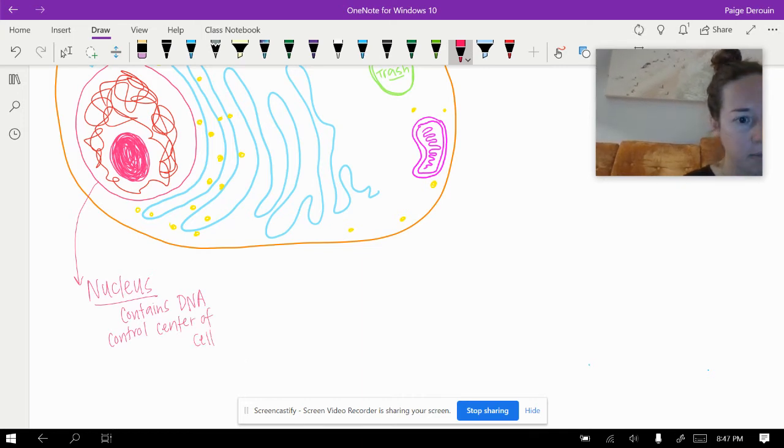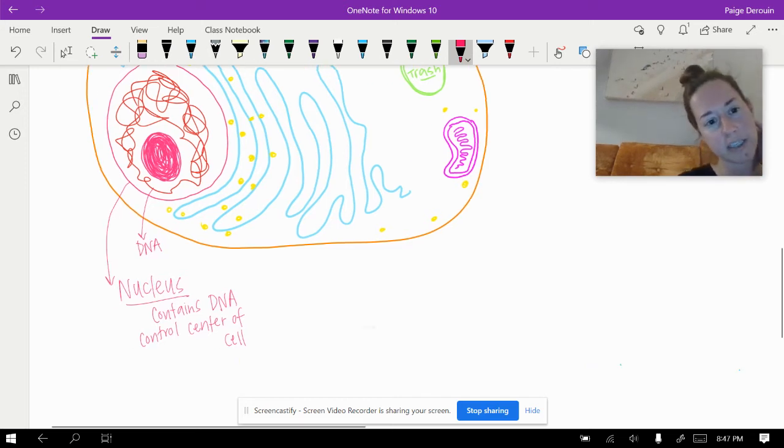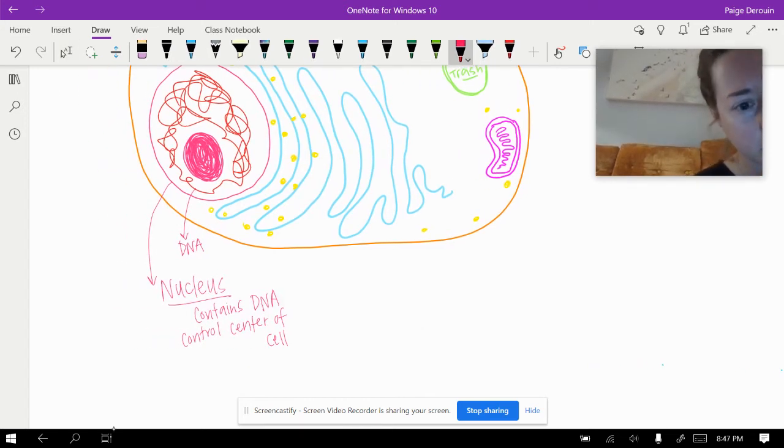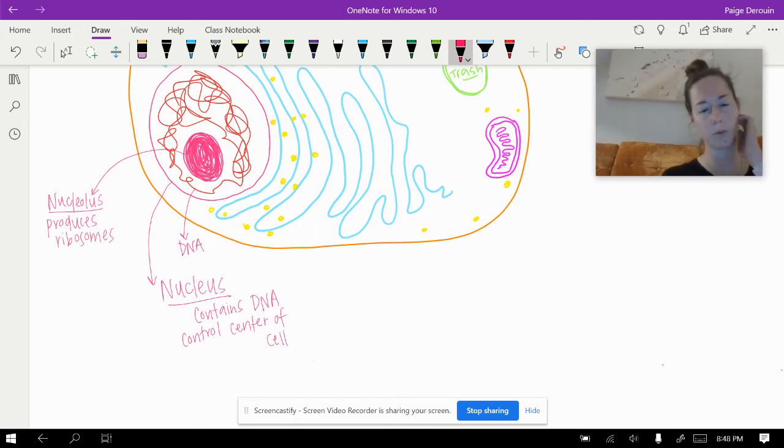In the picture, these red squiggles are the DNA. And then there's also a pink section inside the nucleus called the nucleolus, and the nucleolus is responsible for producing ribosomes, which I'll talk about next.